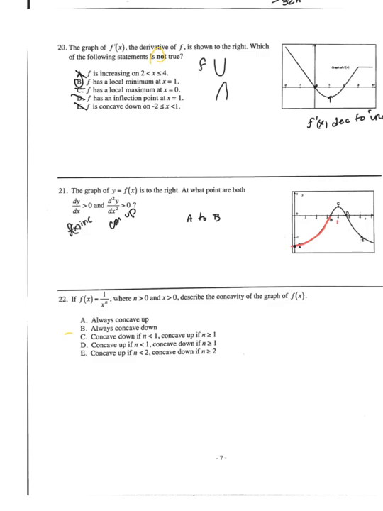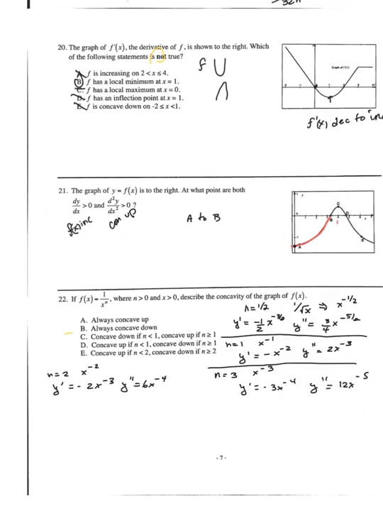Let's take a look at number 22. All right, so we have this graph and we want to describe the concavity. All right, number 1, okay, you always have an issue when you're dealing with n, with the different values of n, okay? So I'm just going to make a little chart here looking at these multiple choice questions, okay?